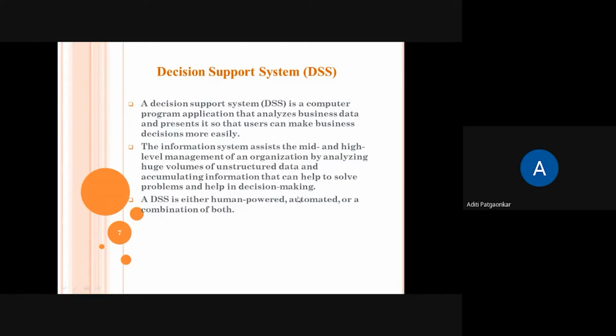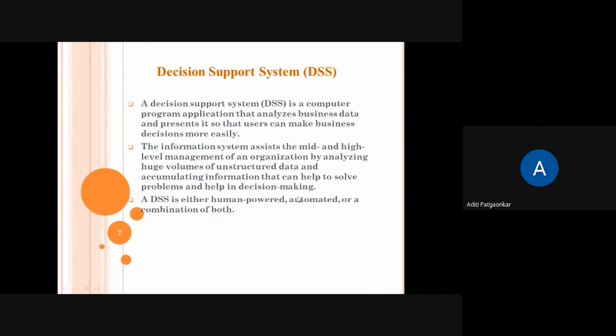This information system assists higher level as well as middle level managers of the organization by analyzing a huge volume of unstructured and structured data, and it helps in decision making. So all the decisions are supported by MIS and the information which is given by the TPS.